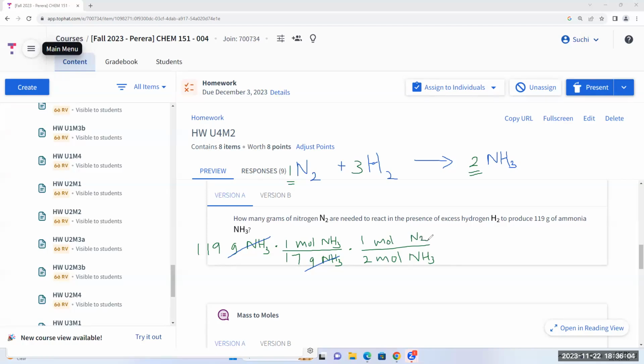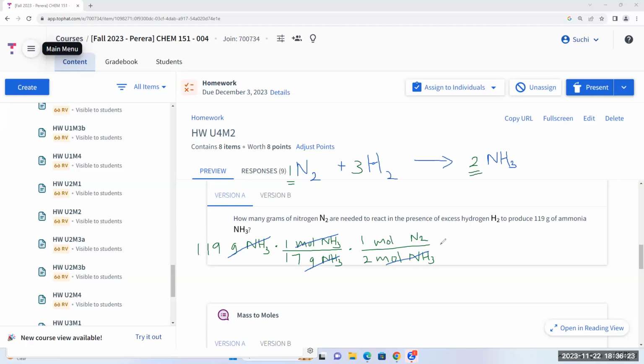And why did we write it like this? We want to get rid of moles of NH3, so we need to write the moles of NH3 in the denominator. That's why we wrote it like that, so we can cancel out moles of NH3.